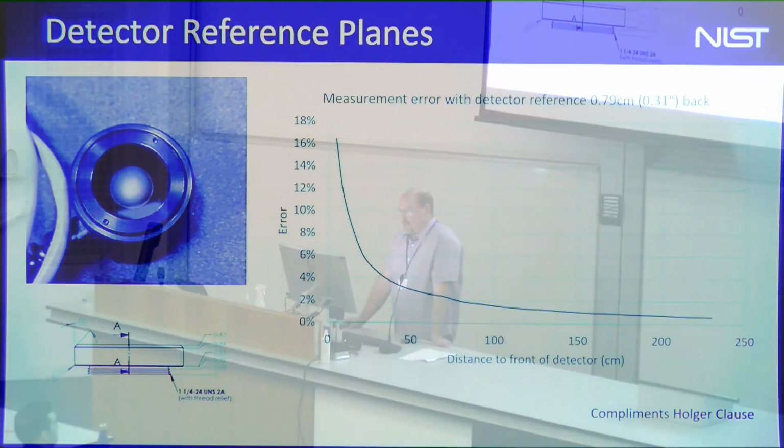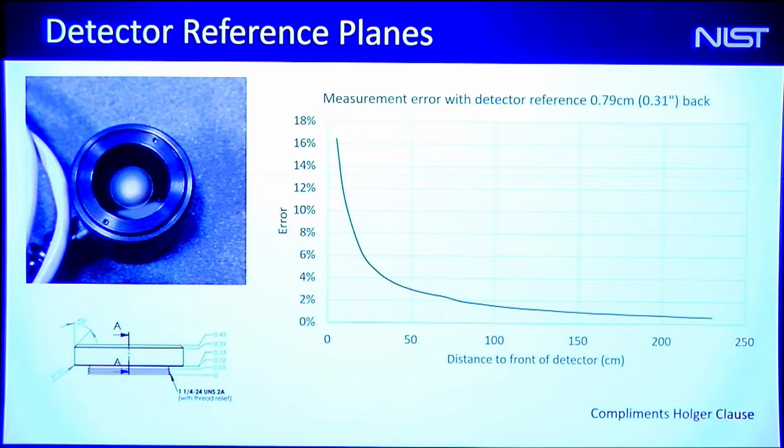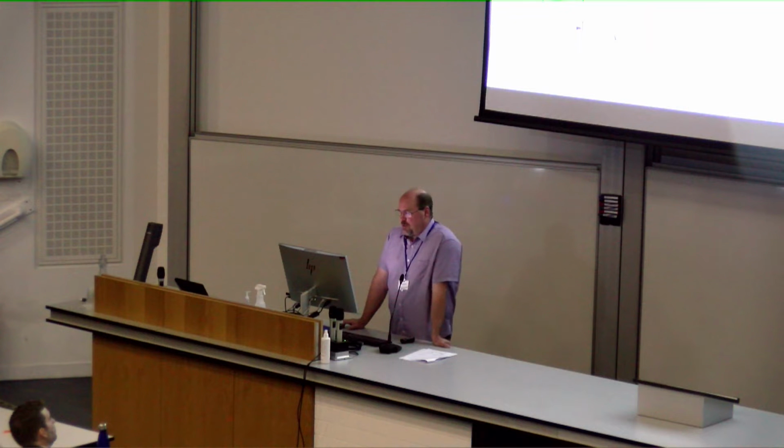So, compliments to Holger, because we could have figured this out and done this plot, but he sent me one, so I just put it in there. For this particular device that he was using, there was a small offset on the reference plane compared to that top surface. And if you're 20 centimeters away from your source, the error is small, but as you get closer to that source, your error goes up significantly because of this reference plane difference.